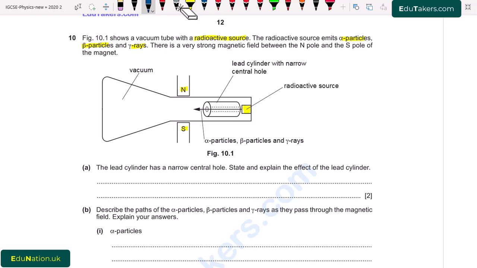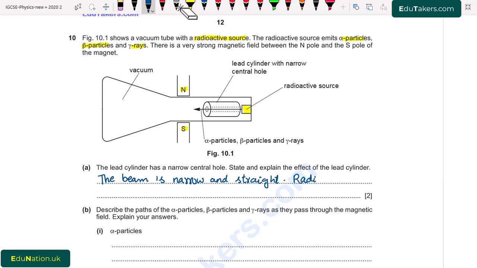Also the radiation in the other direction will be absorbed by this lead, and so you will have a clean emission. So I am writing the beam is narrow and straight that is coming out of this lead cylinder.